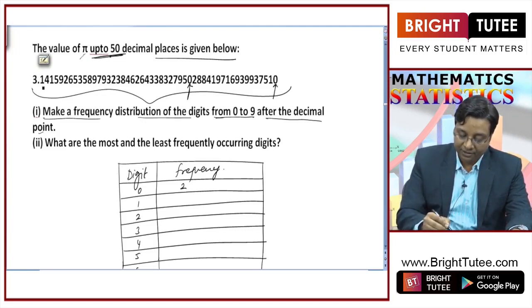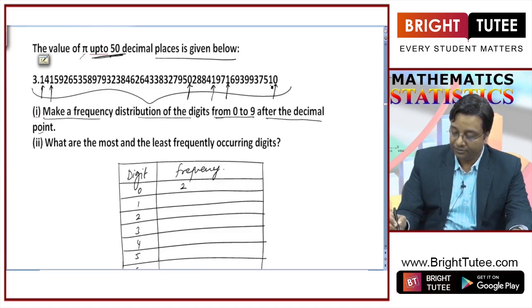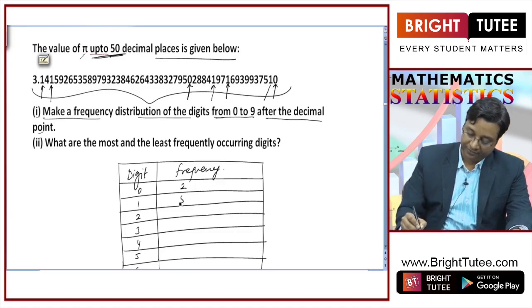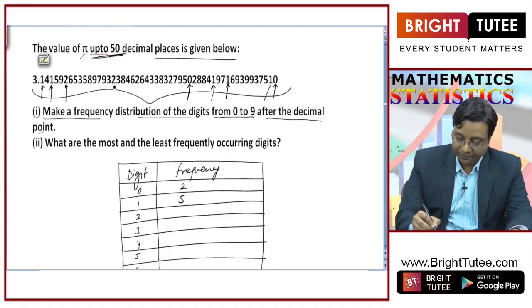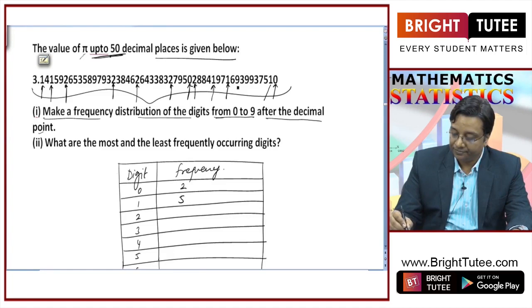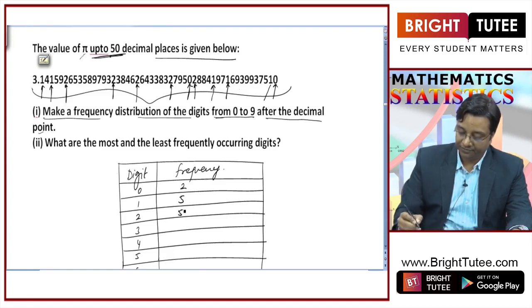1: 1, 2, 3, 4, 5 times. 2 was there: 1, 2, 3, 4, 5 times, right?